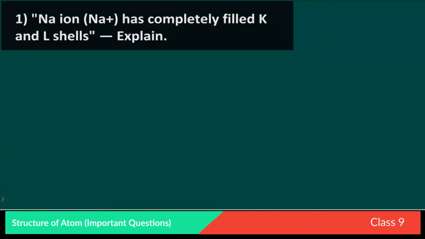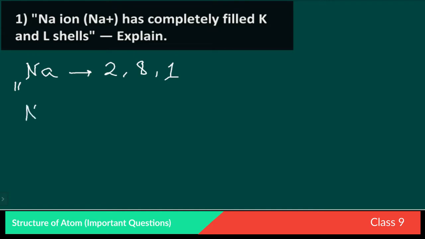Now we know the electronic configuration of sodium, having its atomic number 11, is 2, 8 and 1, right? Now it has been said that it is Na+ ion.